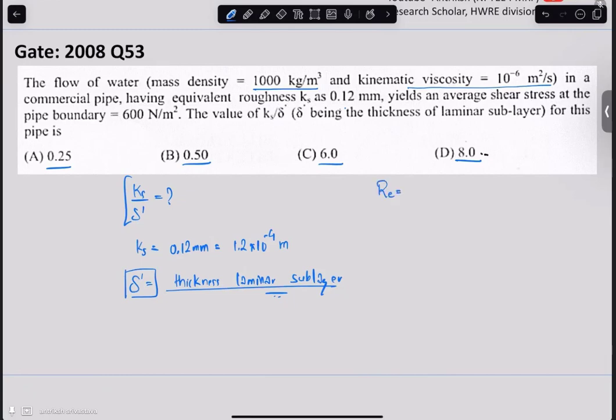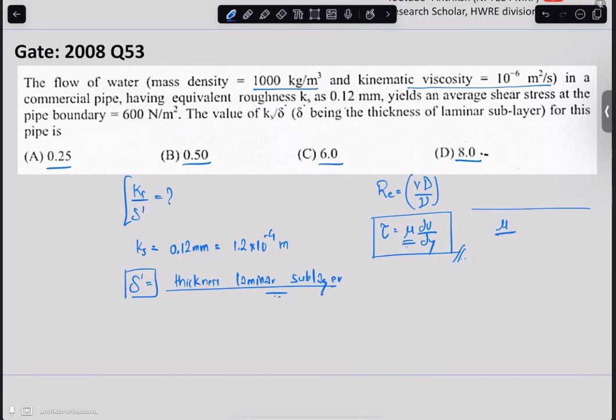Basically, the Reynolds number, that is Vd by nu, where nu is the kinematic viscosity, V is the velocity, d is the diameter of the pipe, and the shear stress at the boundary of the pipe, that is given as mu du by dy, where mu is the dynamic viscosity. Mu by rho is given as nu.